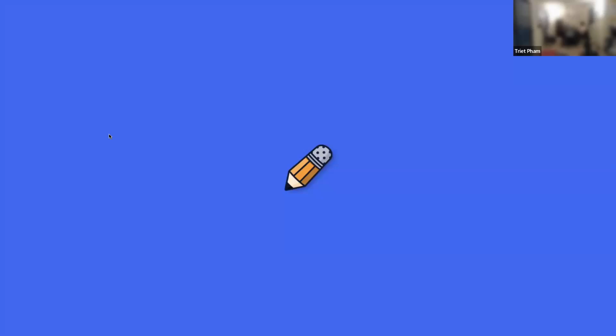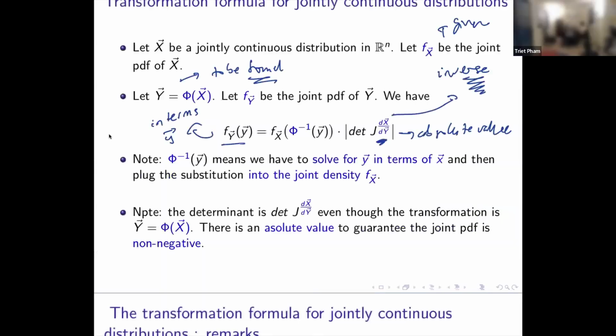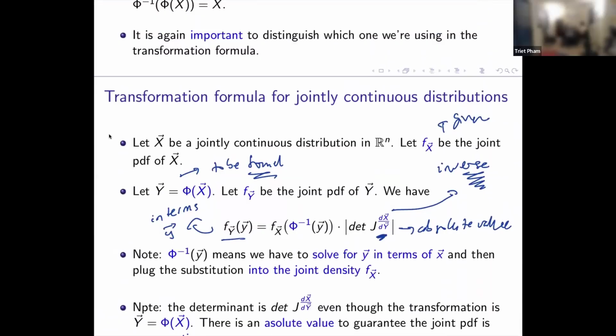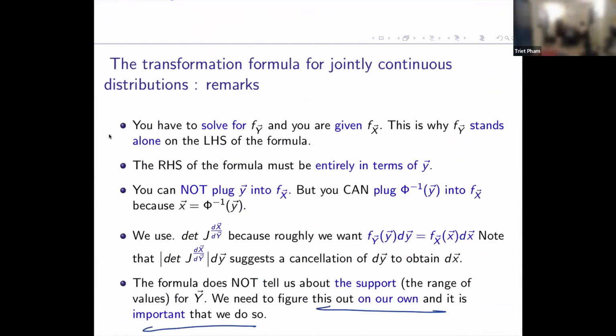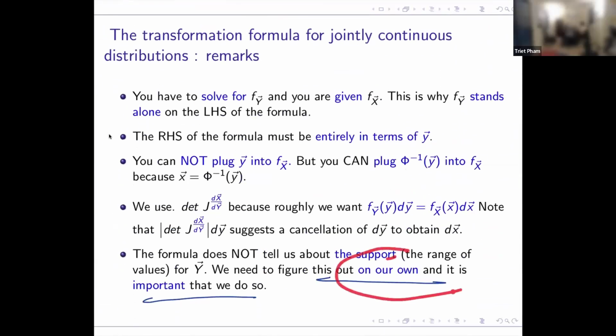The difficulty, of course, is that by the time you get to this part, you're like, okay, I've done a lot of work, I should stop because I'm done. The answer is no, not yet. You still have to find out the support of Y. If you don't do that, your work is not complete. Any question?